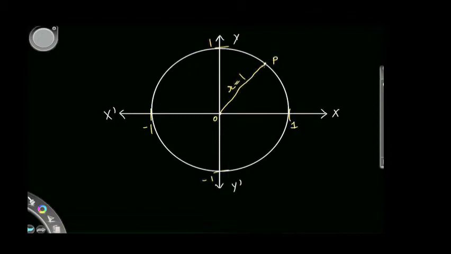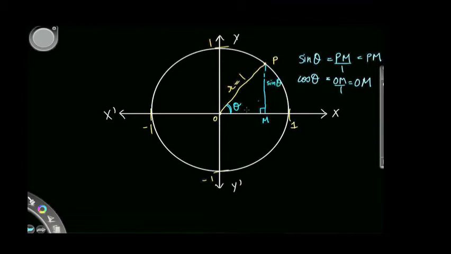Now if we drop a perpendicular at M, and this is theta, what would be sine theta? Sine theta would be equal to PM by 1, which is equal to PM, and cos theta would be equal to OM by 1, which is equal to OM. So this is sine theta, and this length is cos theta.